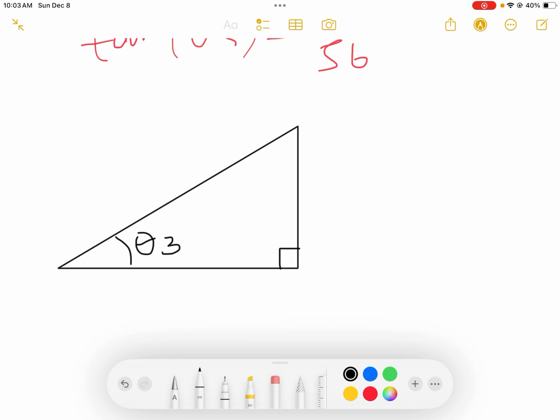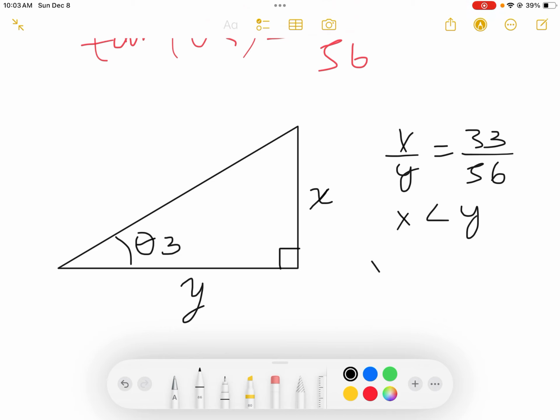And we know tangent is opposite over adjacent. So the opposite side I'll call x, and the adjacent, which I'll call y. So x over y is 33 over 56. We know x is less than y, so x has to be 33. Right? So we know which side is which now.